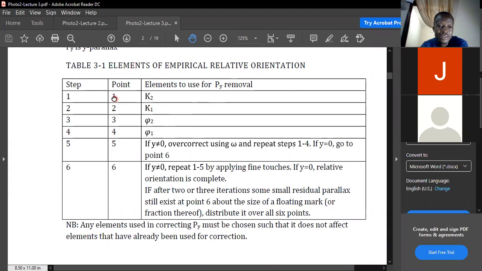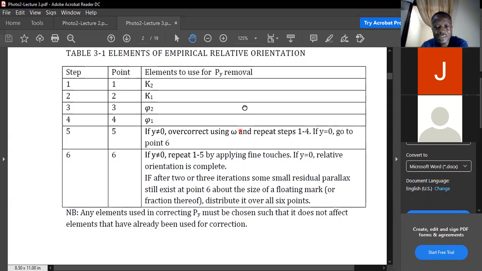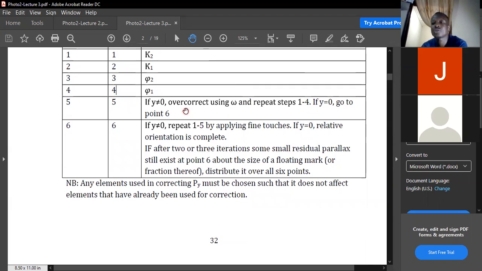These points that you see here are the standard points, points 1, 2, 3, 4. The whole idea is that we are getting rid of the parallax. If you didn't understand the topic of parallax, then you will have a problem with it.